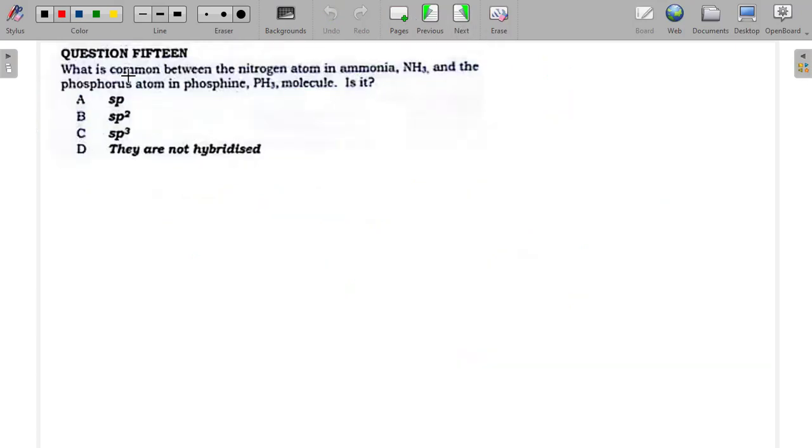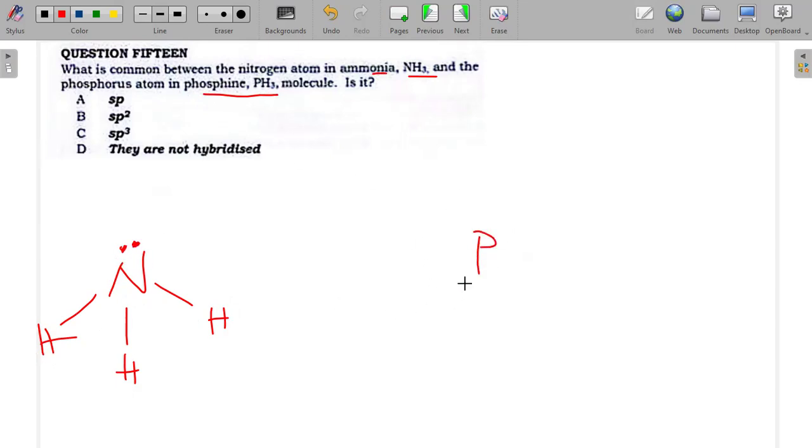Question 15, they're saying, what is common between the nitrogen atom in ammonia, this guy, and the phosphorus atom in phosphine? The nitrogen atom in ammonia, I had drawn this earlier. It has a lone pair somewhere there. And then if I write phosphine, it will have a similar picture like this, and then we have those lone pairs.